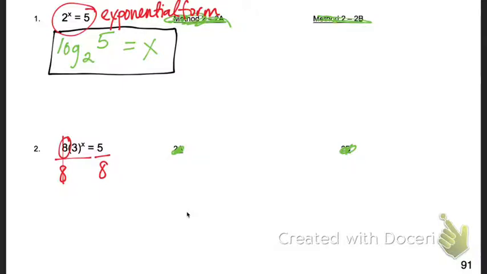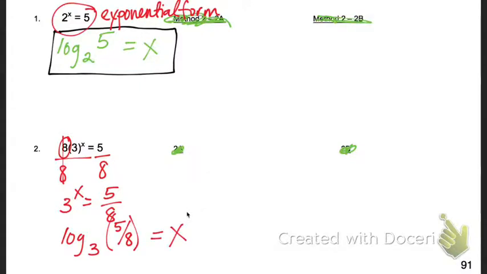So if anything is standing in the way, like if there's a plus or minus, or if there's a coefficient in front, then you must divide it. So 3 to the x equals 5/8. I'm going to convert it to log form. Log base 3 of 5/8 equals x. And I leave it like that.